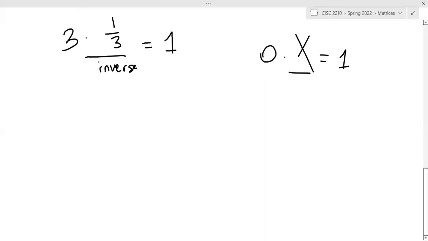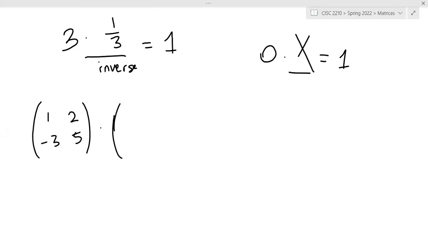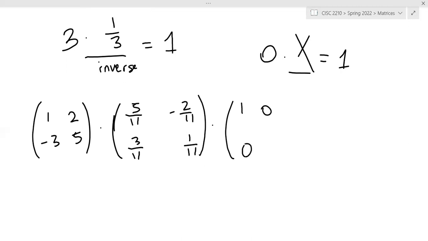So first, here we have the matrix 1, 2, negative 3, and 5. If I multiply it by the following matrix, which looks pretty strange: 5/11, negative 2/11, 3/11, and 1/11, the result is 1, 0, 0, 1.